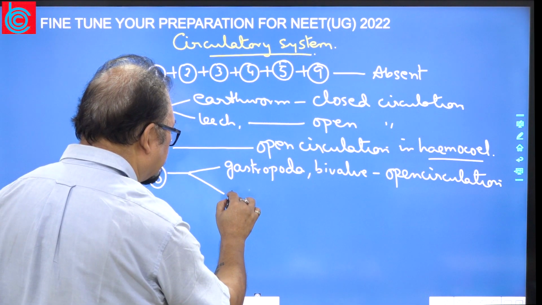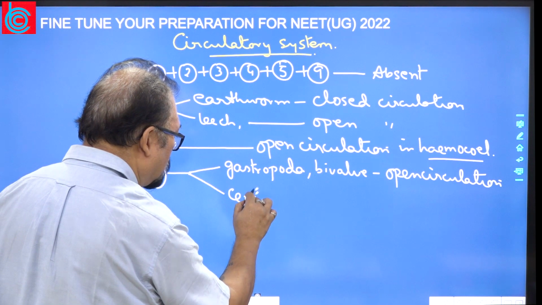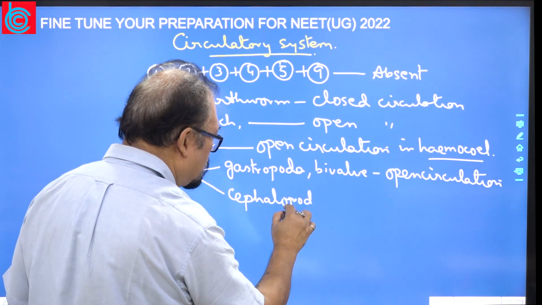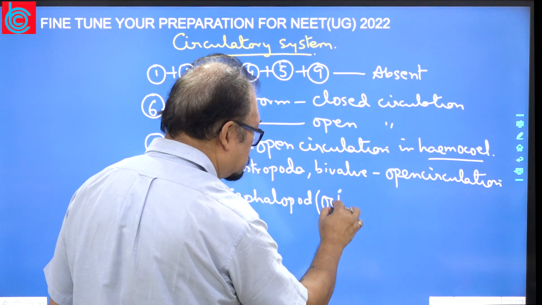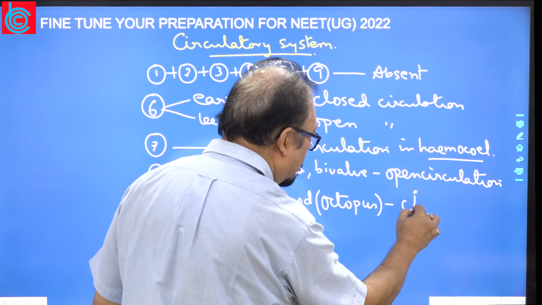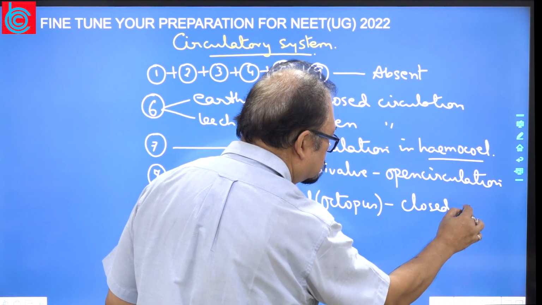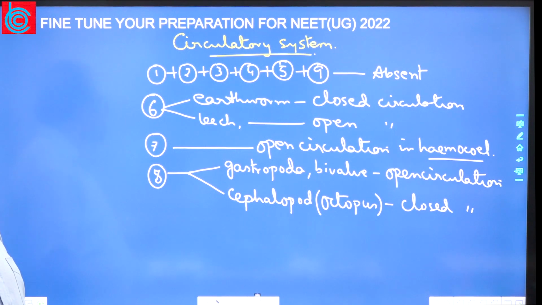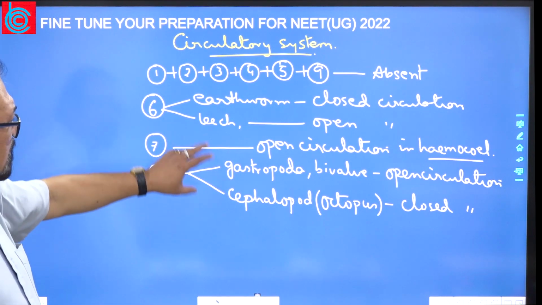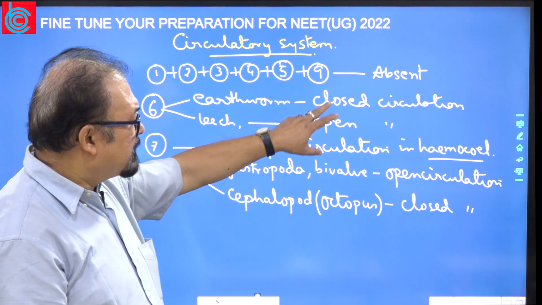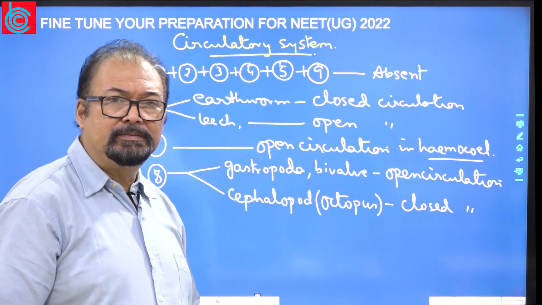But in octopus, cephalopod, which are the cephalopod? Octopus. It is a closed circulation. That is unique. So you see in Annelida and also in the mollusca, both open type and the closed type of the circulations are there.